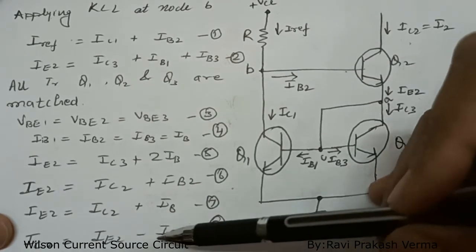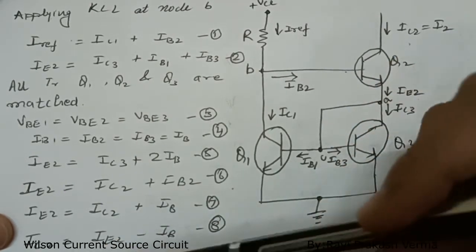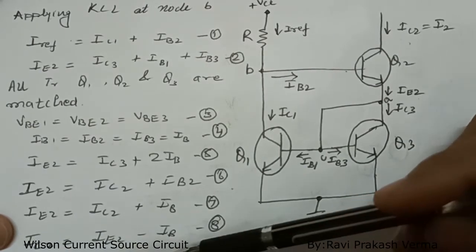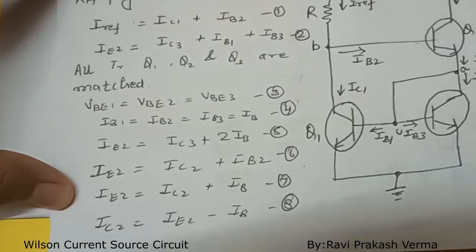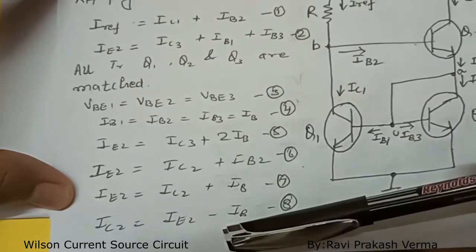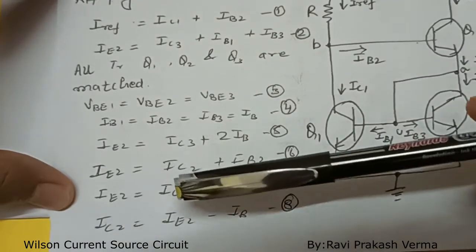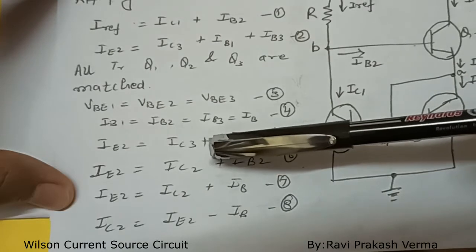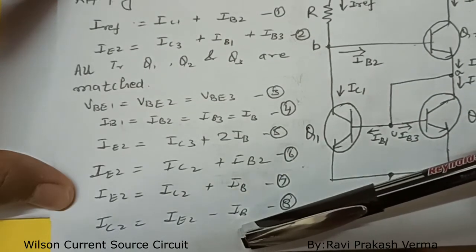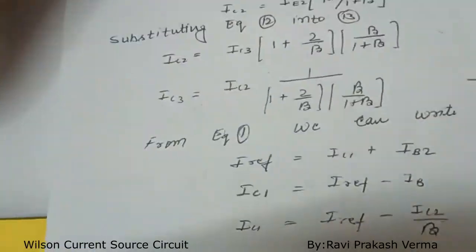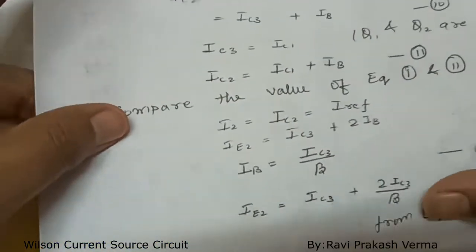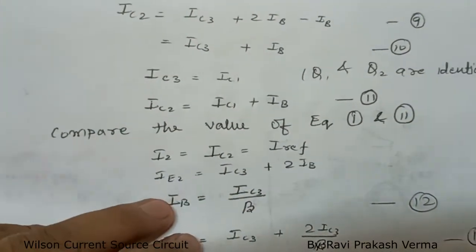Then just interchanging, we get IC2 is equal to IE2 minus IB, and this is equation number 8. Now in another step, we put the value of IE2 from equation number 5 into equation number 8, and after putting the value of IE2, we get this term.